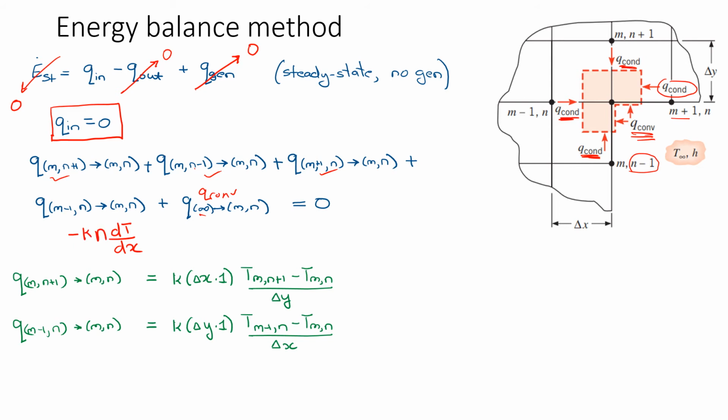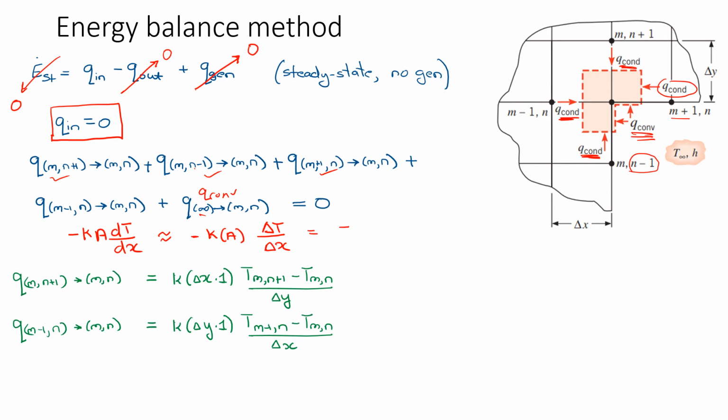So our Fourier's law will be minus k A, that's the area across which heat is being transferred, multiplied by dT by dx. Now because your element size or dx is so small, you can approximate minus k A times dT by dx as minus k times A times delta T by delta X.